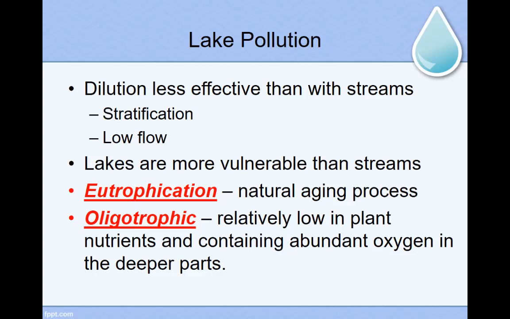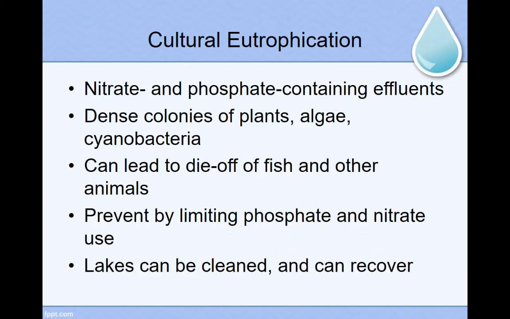We also have oligotrophic, which is relatively low in plant nutrients and contains an abundance of oxygen in the very deep parts, which makes it hard for most of the species that like those areas to survive. So we have cultural eutrophication. It's typically going to be things like nitrate and phosphate containing effluents. Effluents are those runoff pieces that we see typically from agriculture.